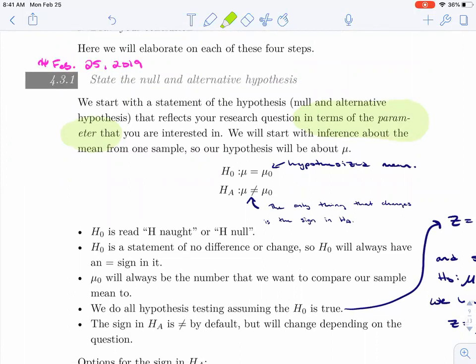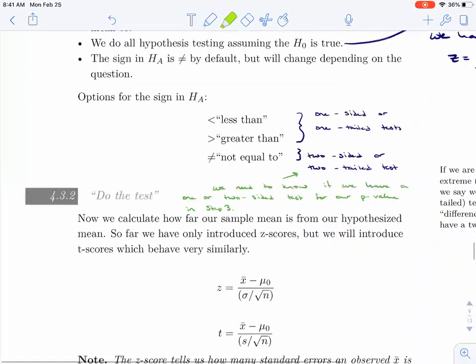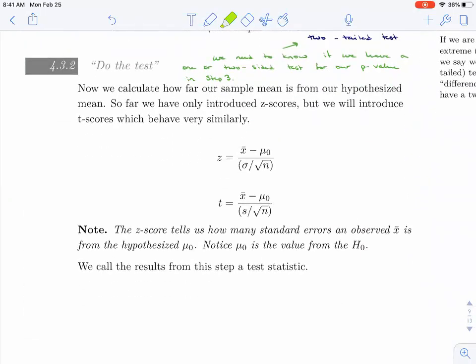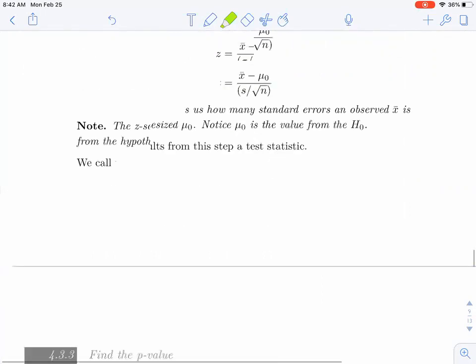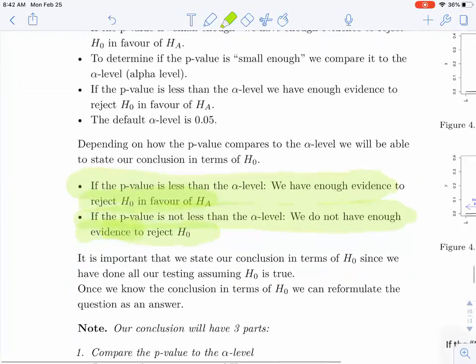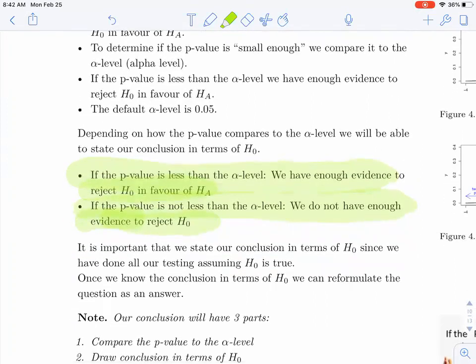So if we do all our testing assuming that mu is equal to mu naught, then that's what we used in our z-score here. So we've done all our testing assuming that the null hypothesis is true. So that's why our conclusion has to be in terms of H naught. It's important that we state our conclusion in terms of H naught since we've done all of our testing assuming H naught is true.